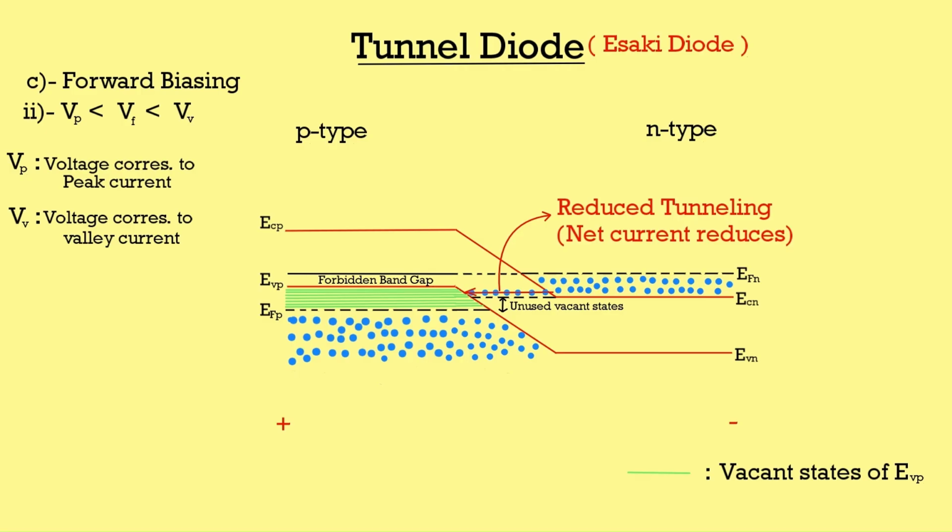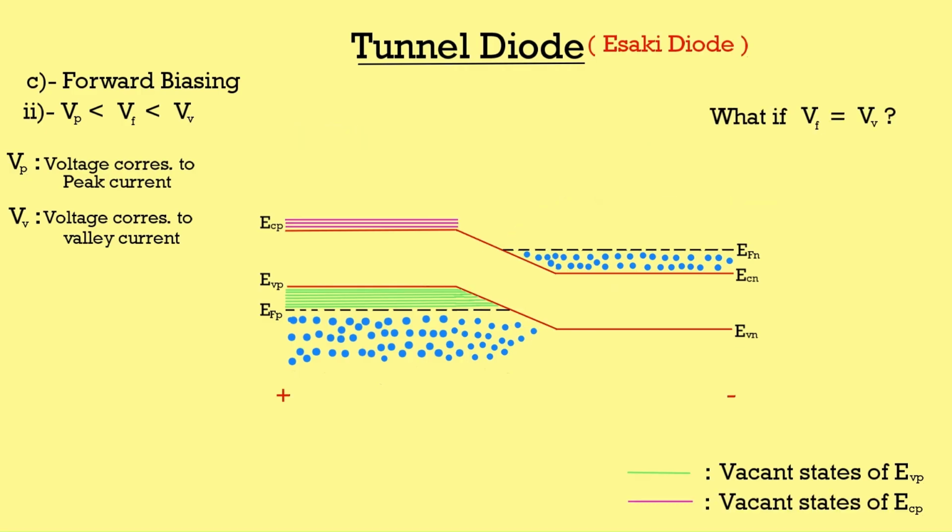So the next question is, what happens when the forward bias voltage is equal to the voltage corresponding to the valley current? In that case, the energy levels of the n-type region have shifted upwards enough to interact with the vacant states of the conduction band in the p-type region rather than the vacant states of the valence band.